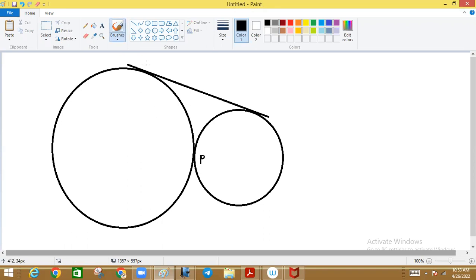Point P. Points of contact are A and B. Right? Join these two. Join this one also. Which one is being asked? Is it not asking you APB?